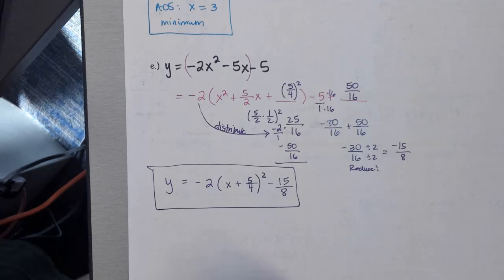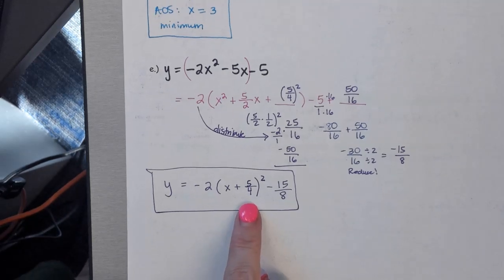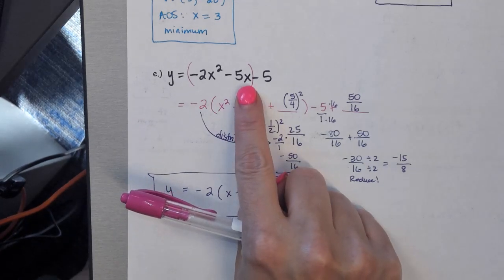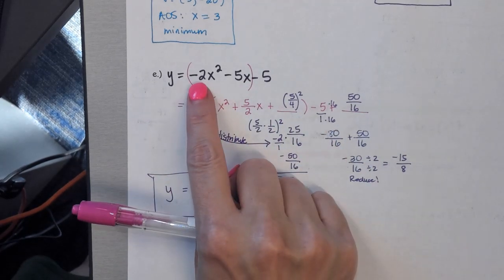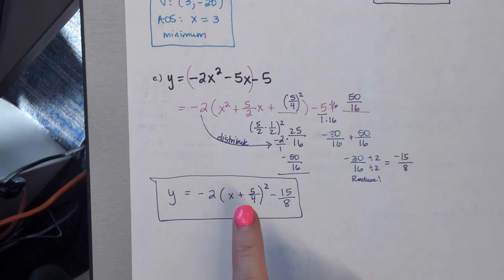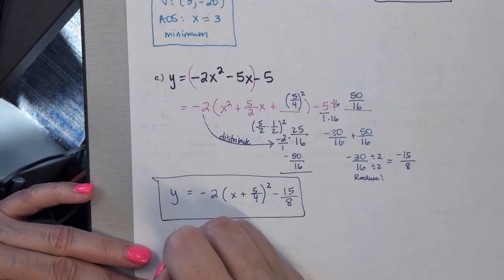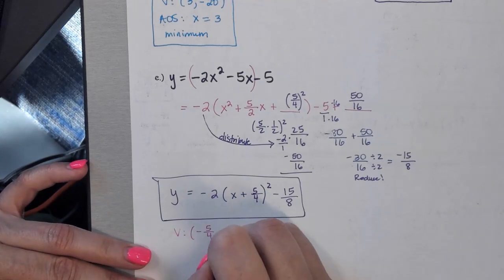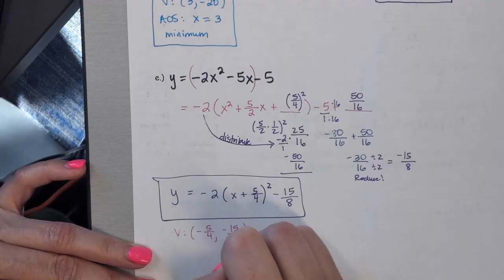Okay, and then again, if you want to double check this using the opposite of b over 2a, 5, right, over 2 times -2 is -5/4. That's going to be your vertex. -5/4, -15/8.